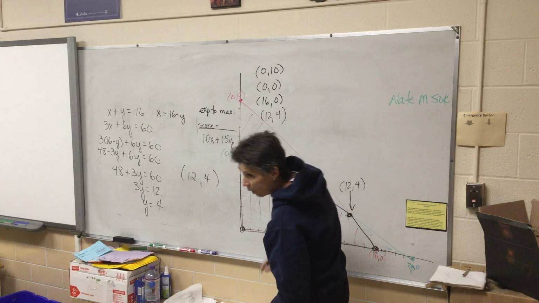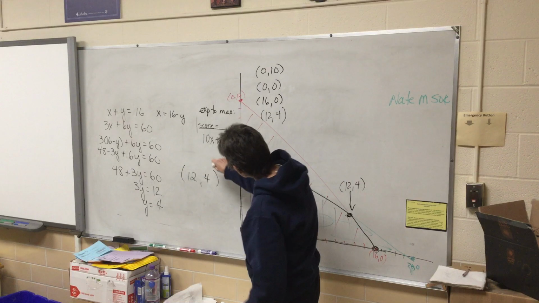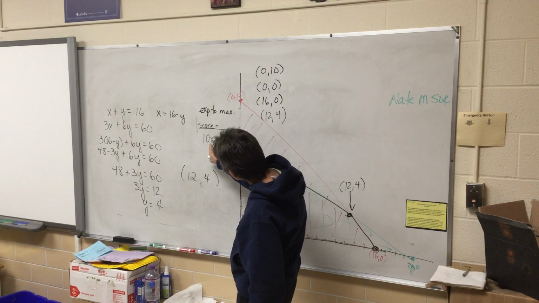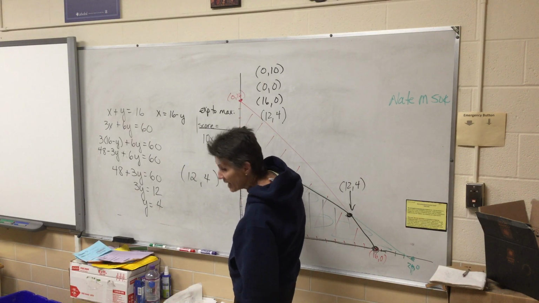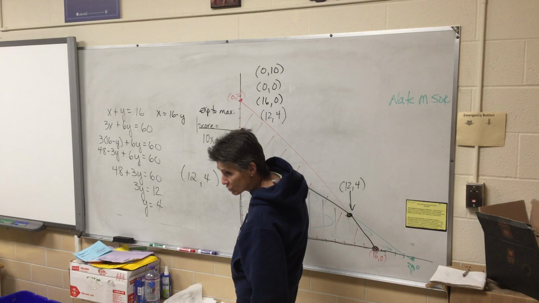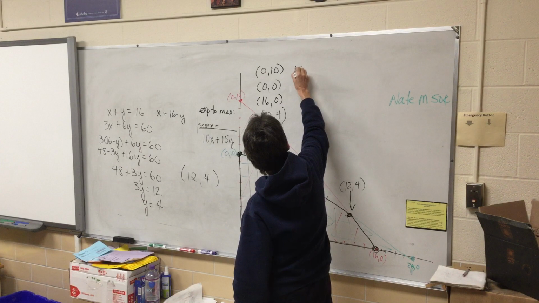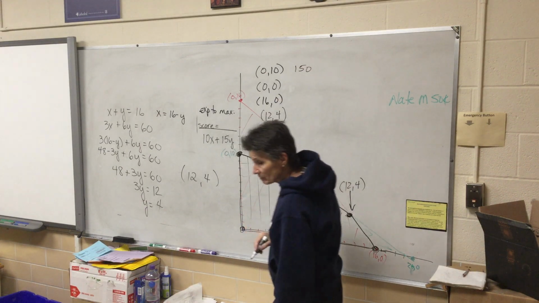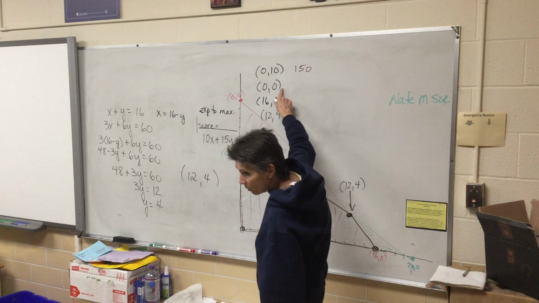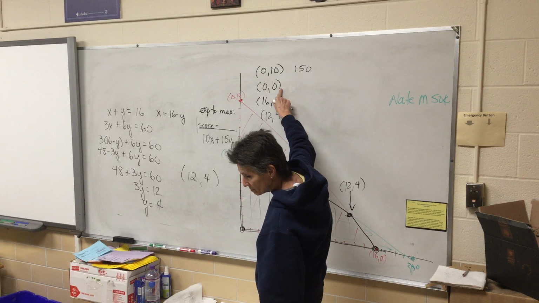x's and 10 y's. Well, what would be our score if we did no x's and 10 y's? What would be our score on that test? 150. So that one gives me a 150. Well, what if I did no x's or no y's?